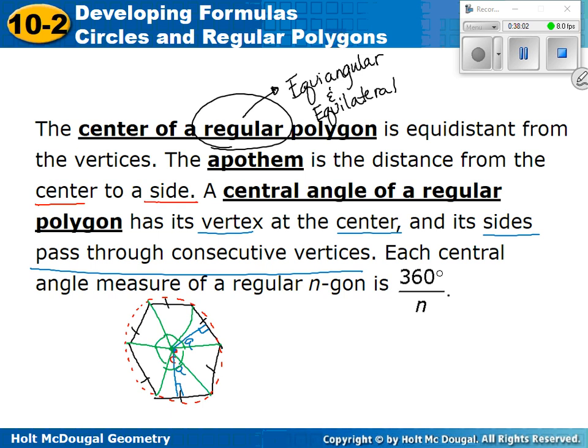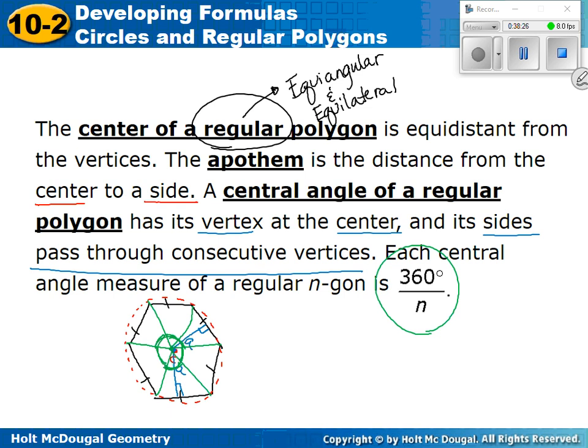6. How many degrees are there in a full circle? 360. So does it make sense that if I want to find the measure of one of these central angles, and all 6 of them put together makes a circle, that we can just do 360 divided by the number of sides?